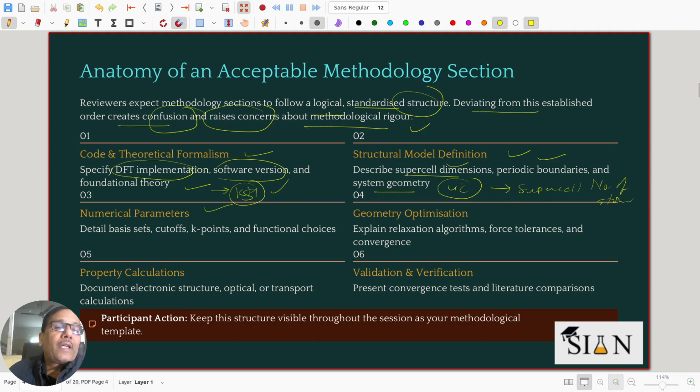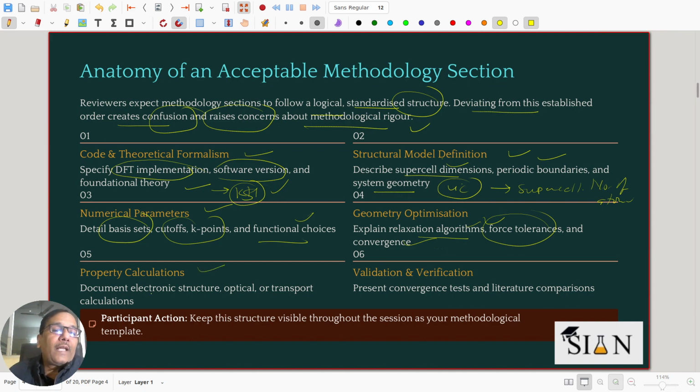Numerical parameters like basis sets, cutoff, k-points, and functional choices must be mentioned in the third step of this methodology section. And then the geometry optimization, so the relaxation algorithm, force tolerance, and the convergence, is mentioned thereafter.